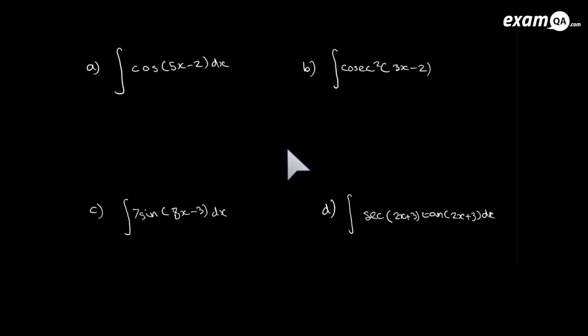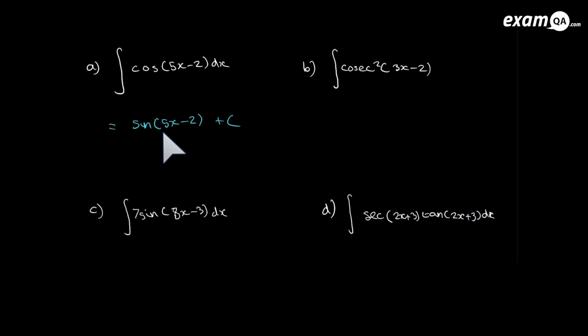Okay, so let's start with A. So in the first one, we've got cos(5x - 2). Now, let's think of something which differentiates to cos(5x - 2). And hopefully you said sine. But of course, it's not sine x, it's going to be sine(5x - 2). Okay, now there's something missing still.